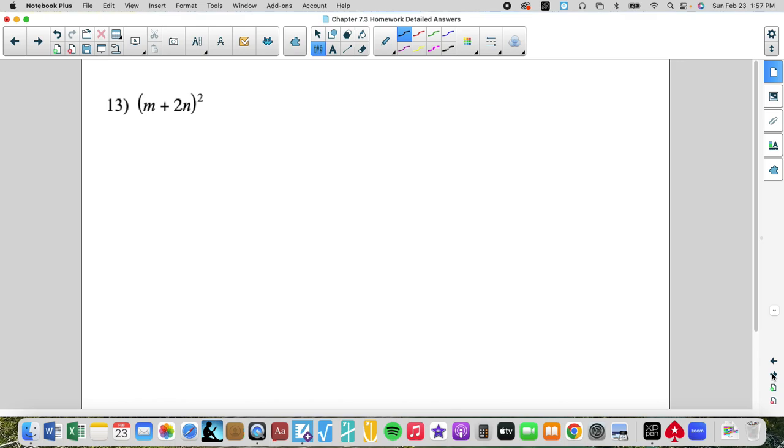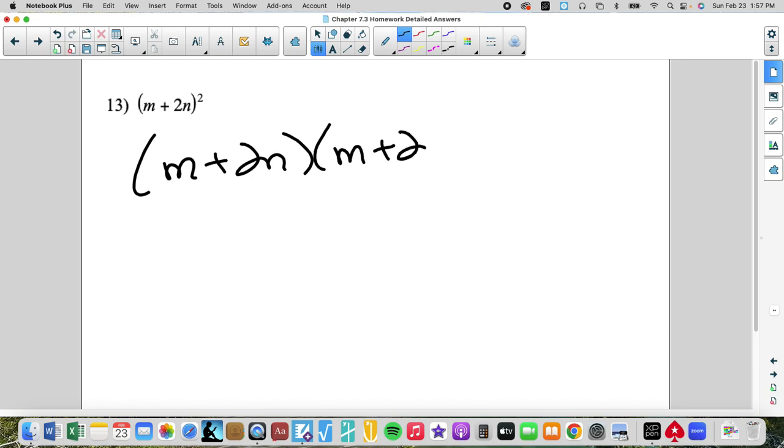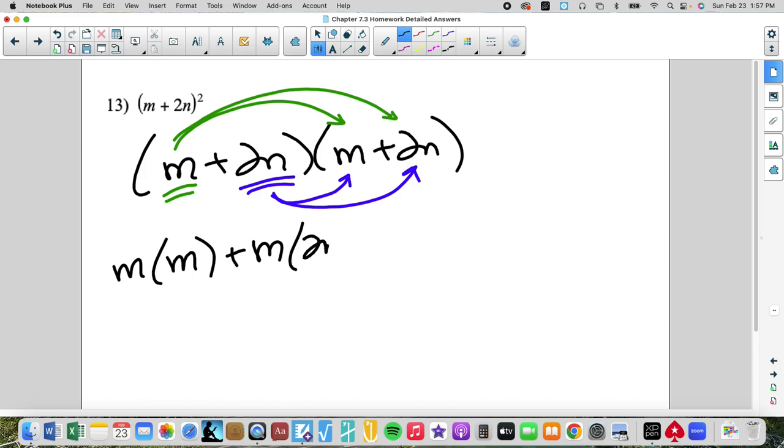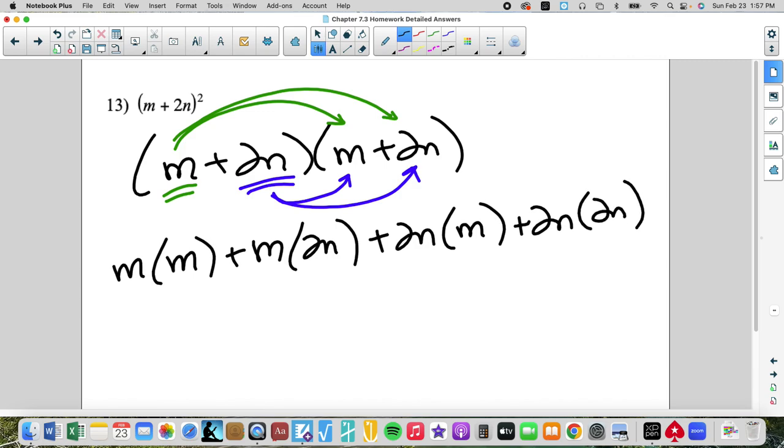Oh, two variables. Okay. All right. m plus 2n times m plus 2n. Does it get harder? Nope. You're still distributing this to this, and you're still distributing this to this. It doesn't change. So we have m times m plus m times 2n plus 2n times m plus 2n times 2n. m times m, m squared. m times 2n, 2mn.